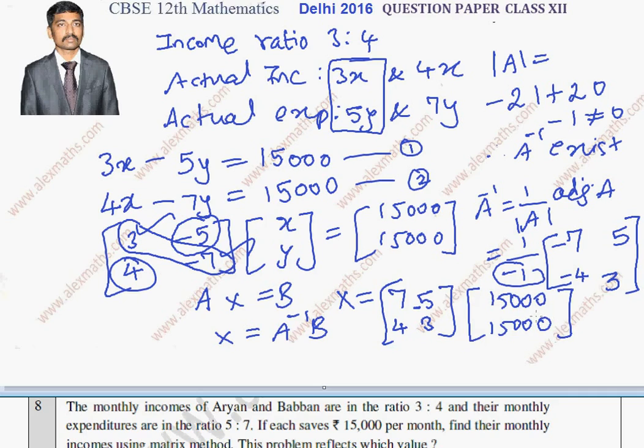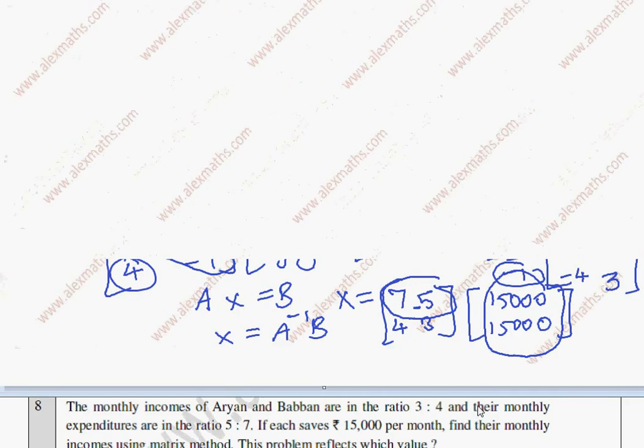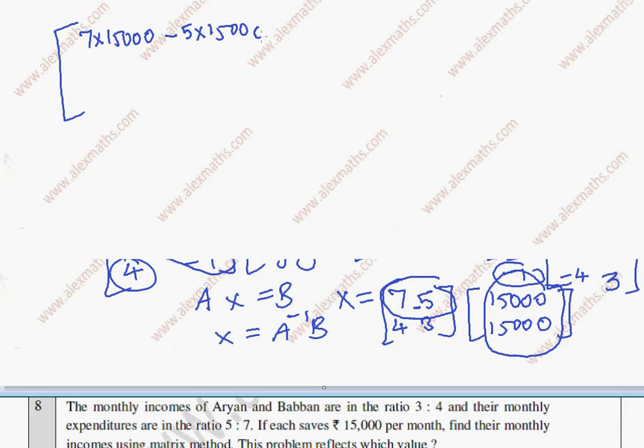The question is asking only their income. So if I find X, that is sufficient. For finding the X, I have to multiply this with this. That is a matrix multiplication. So I'll do the matrix multiplication here. That is 7 into 15,000, then minus 5 into 15,000.